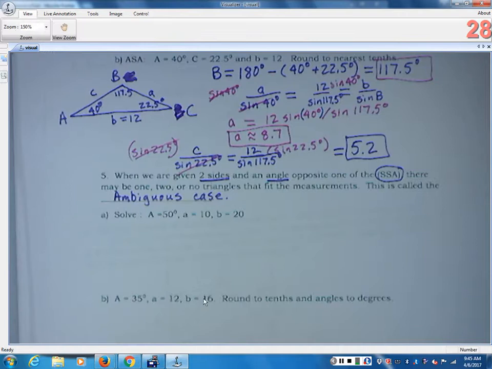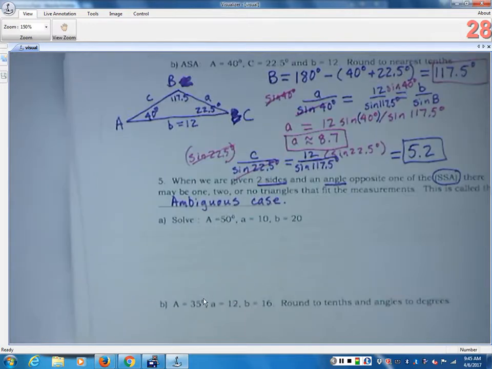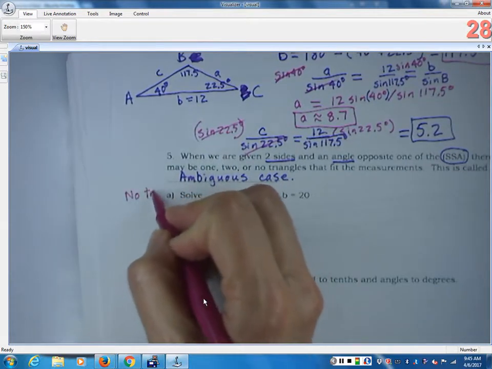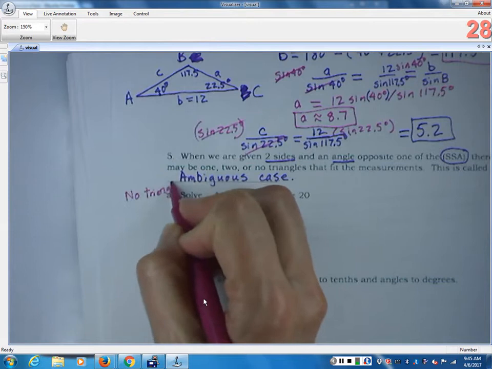What we're going to do is a case where, when we solve it, we're going to find out there's no triangle. So we're showing the no triangle case first, and the book didn't do that.